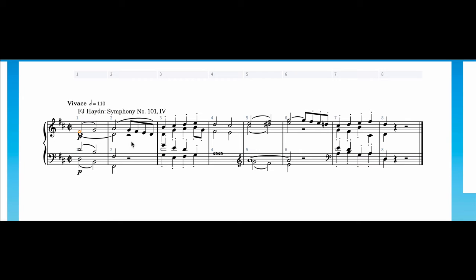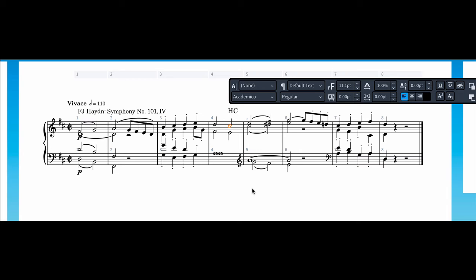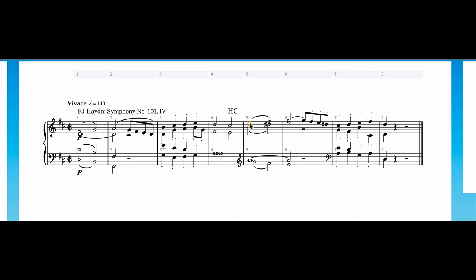Okay, so what happens here is we have this one phrase and it ends in a half cadence here. Then we have another phrase, it's at a different pitch level, and that ends, we're going to say it's a PAC.